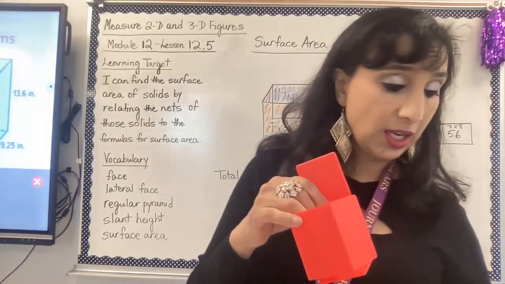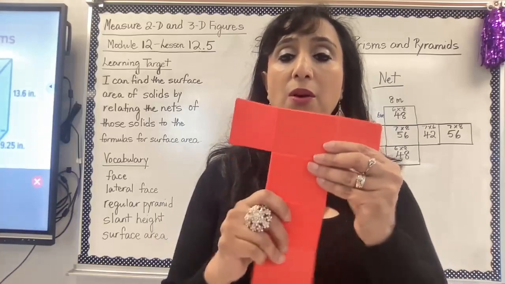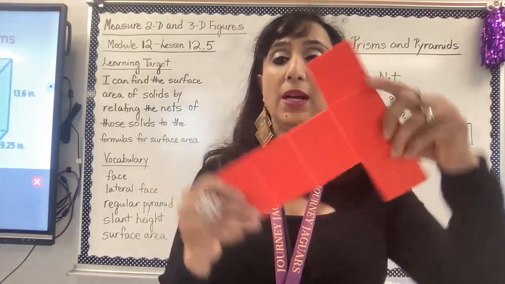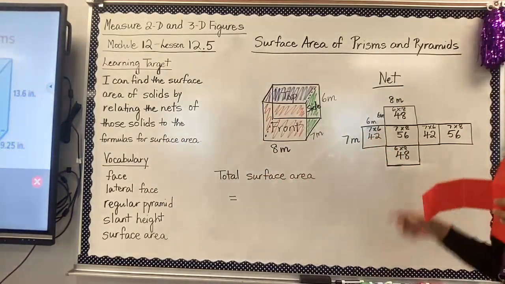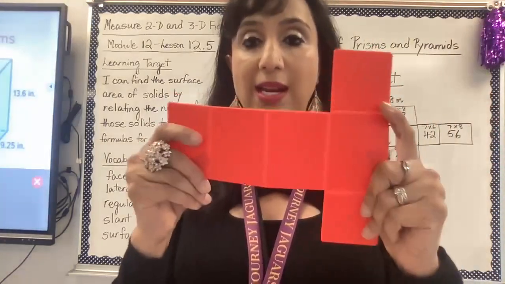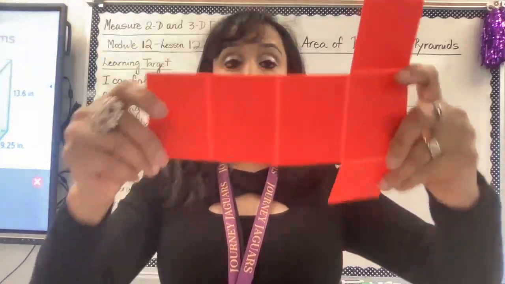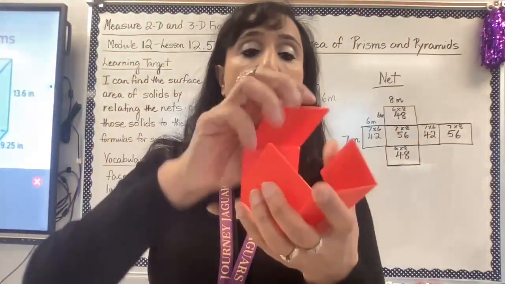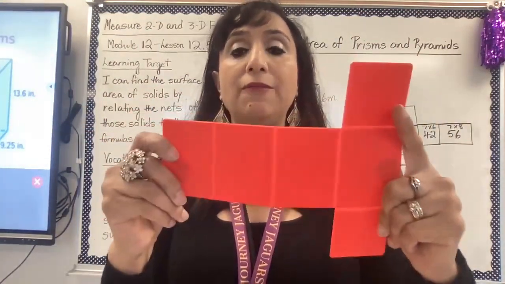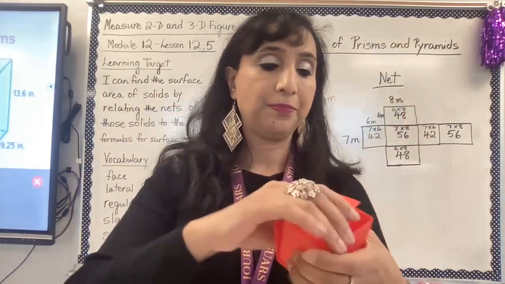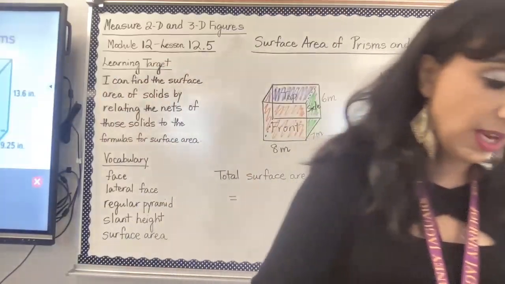If you've ever looked at those, a box, when opened up, can look like a T, like something that I have drawn over here. This is called a net. A net is nothing but a 2D shape of a 3D shape when it is opened up. So this is the net of a rectangular prism. Inside would be volume, but outside would be the surface area.